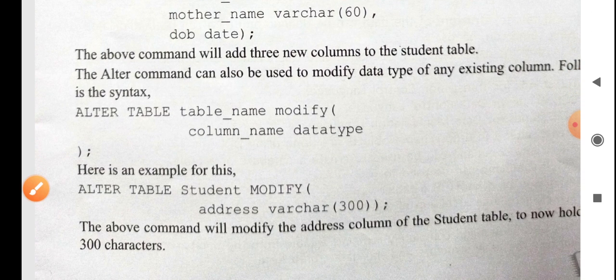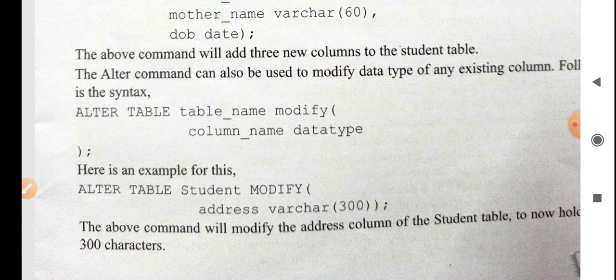Now moving forward, when you want to modify any particular column, meaning you want to change the data type of the column, or you want to resize the column, you will use the MODIFY command.